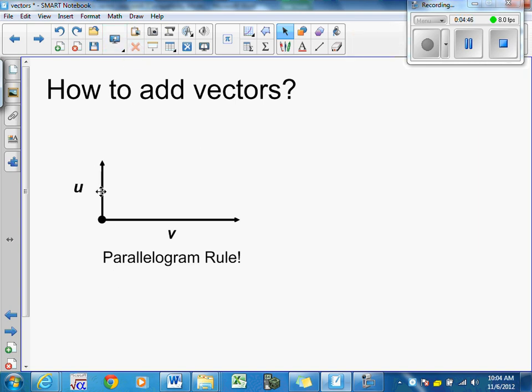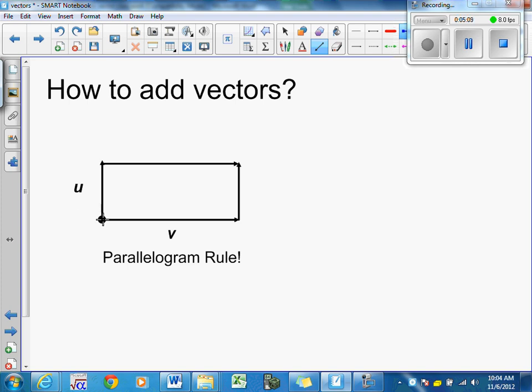We take both vectors acting on the same point, we take my vector u and I draw it again at the other end. I take my vector v and I draw it again at the other end. In this case, I get a rectangle, but if it was a diagonal or some other angle, it could be a parallelogram.